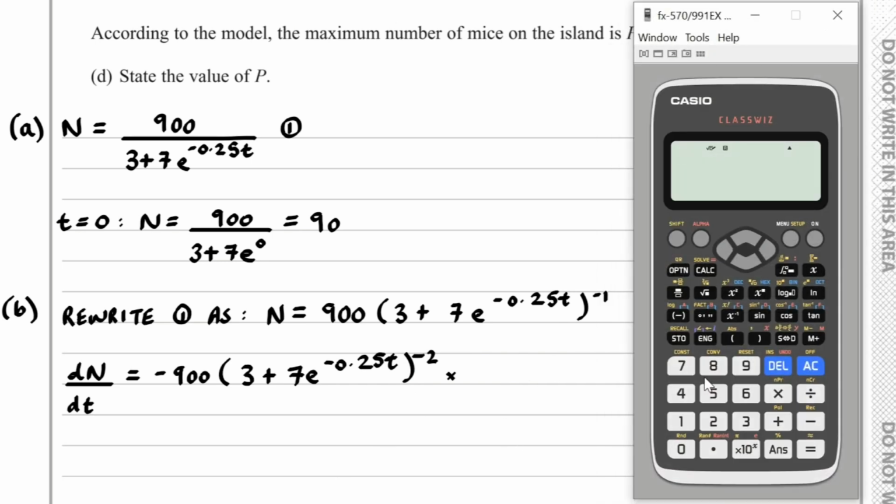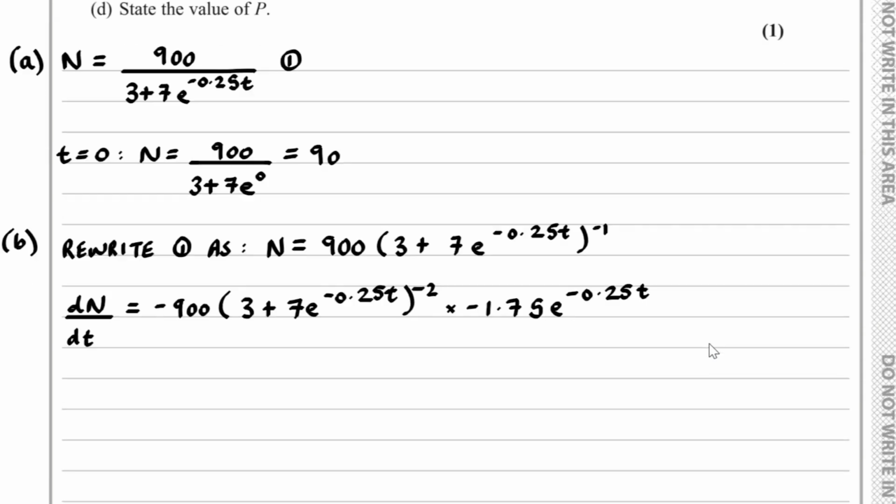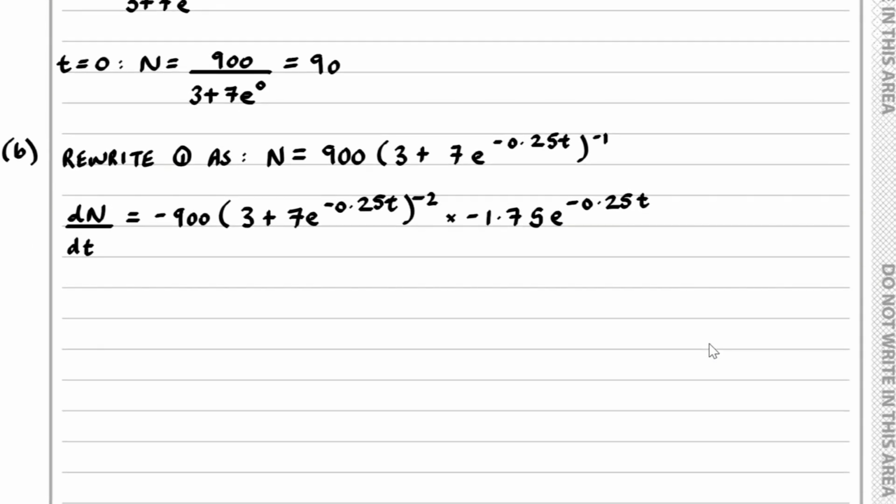Now if I differentiate the bracket, I have 7 times minus 0.25, which is minus 1.75. So I times this by minus 1.75 e to the minus 0.25t. So I'm just using the chain rule there.